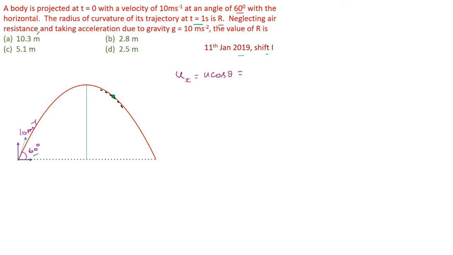So ux is equal to u cos theta. The letter u indicates the initial instant, so ux means x component initially, which is u cos theta. U is 10, 10 cos 60. Cos 60 is half, so this horizontal component is 5 meter per second.